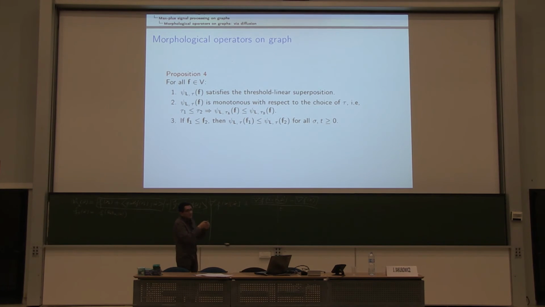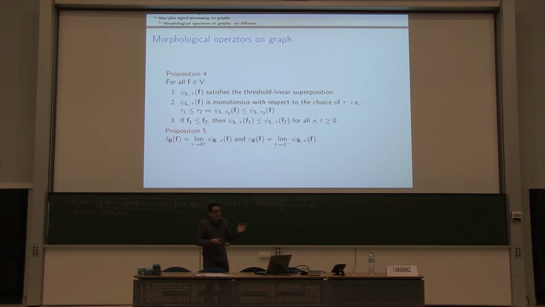So if we threshold with a larger value of tau, the output of the operator is going to be higher as well. And we keep this idea of increasingness between signals on the graph: if you have one function larger than another, after the operator, for every tau, we keep the order.